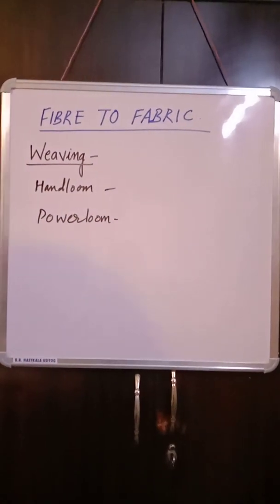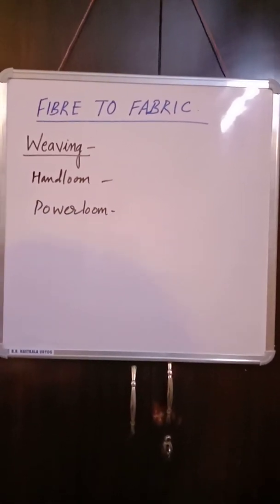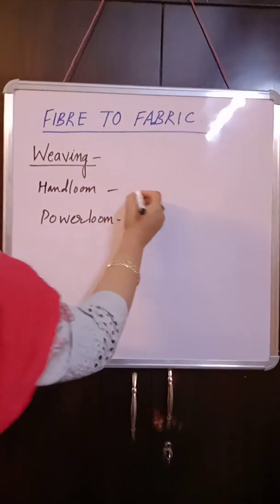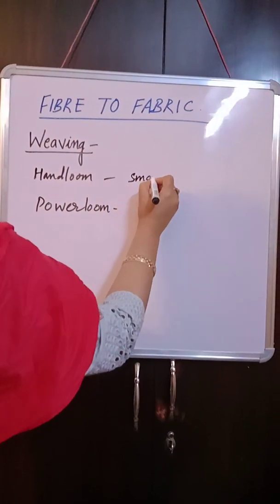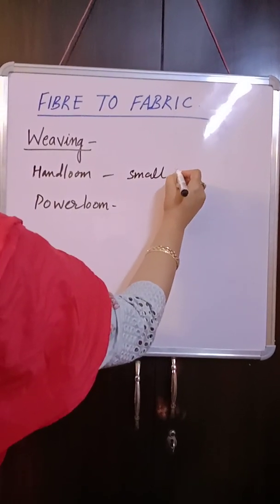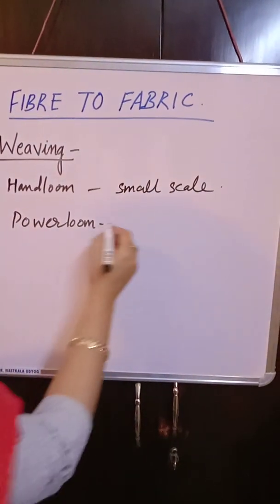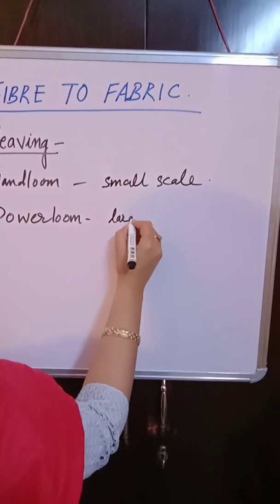As the name indicates, what is hand loom? Hand loom is a type of weaving which is operated by hand. It is done on a small scale, where only a small production of fabric is required. We use hand looms, usually in villages, and power loom is done on a large scale.